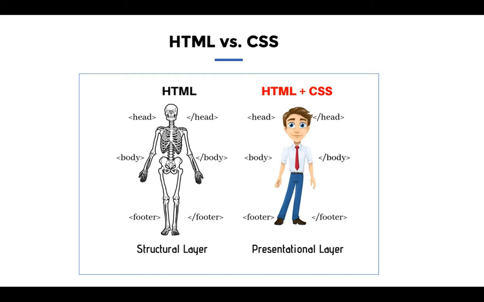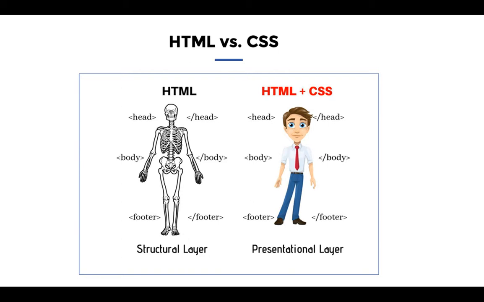And to describe HTML versus CSS, HTML is basically your skeleton, right? We say where your head is, where your body is, where your foot is, right? And with CSS we give it some skin. We tell it how it should look, and where the footer should be, and where the side content should be.